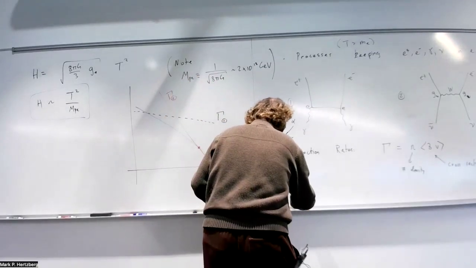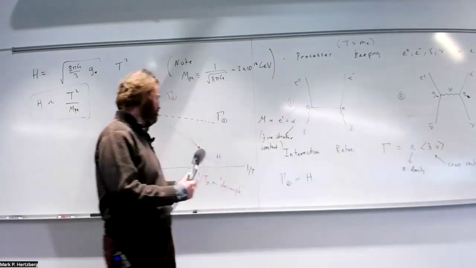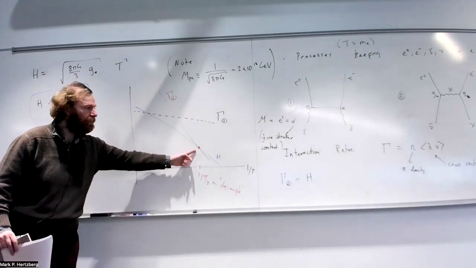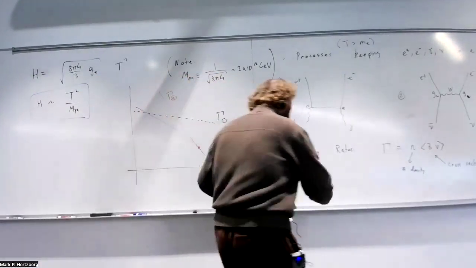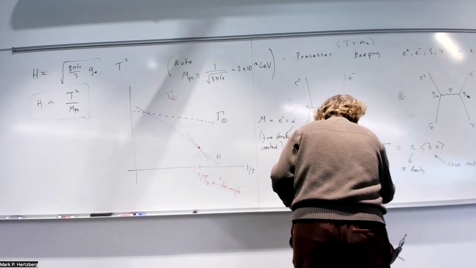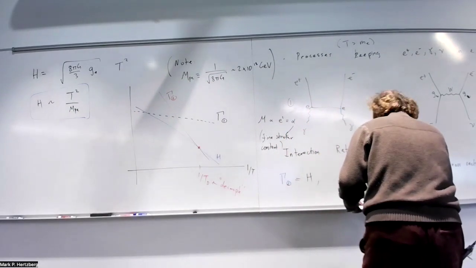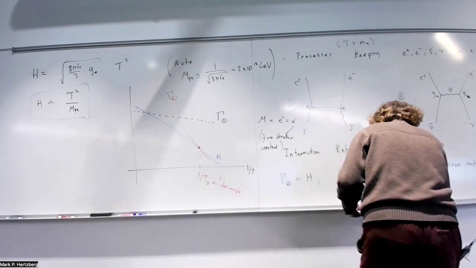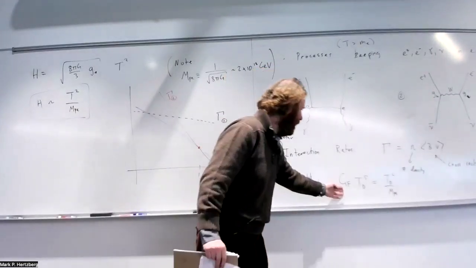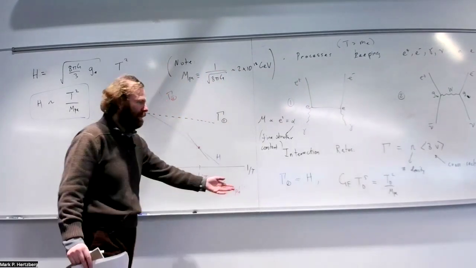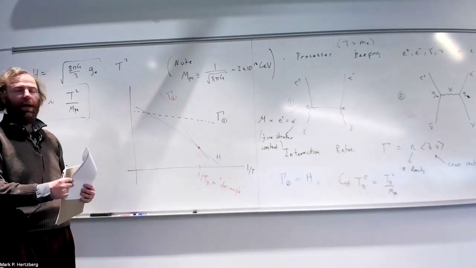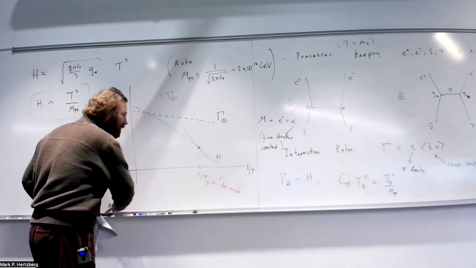So you set gamma 2 equal to H. That's when the decoupling occurs. You set G Fermi T decouple to the 5 equal to T decouple squared over M Planck. That's our formula for gamma, that's our formula for Hubble. And so then you easily solve for the temperature of decoupling from this little equation.